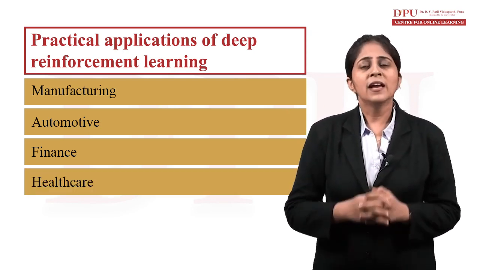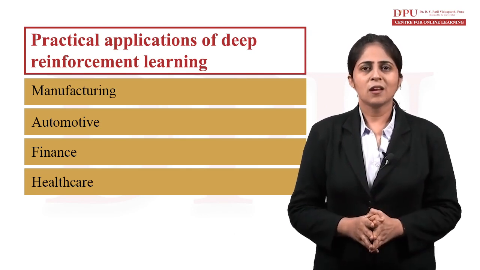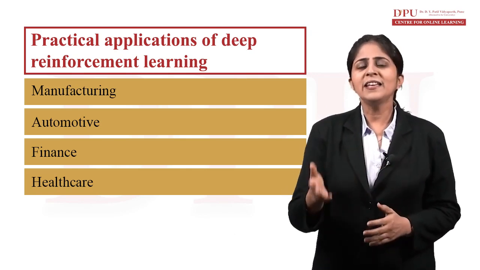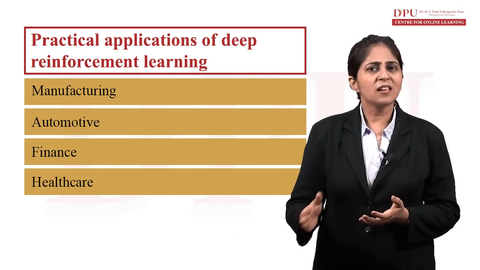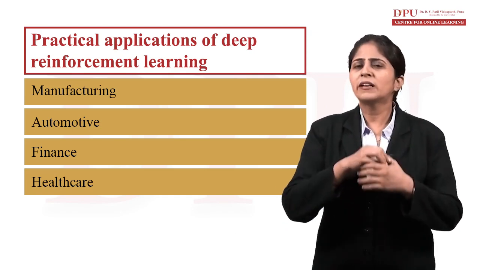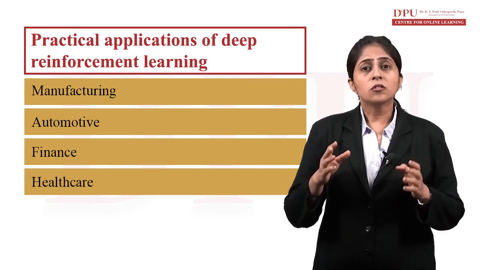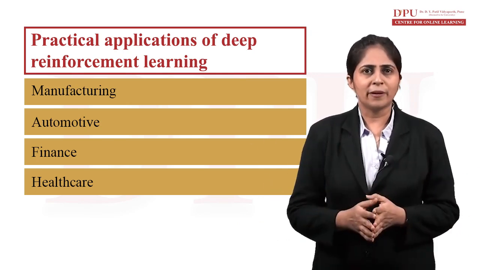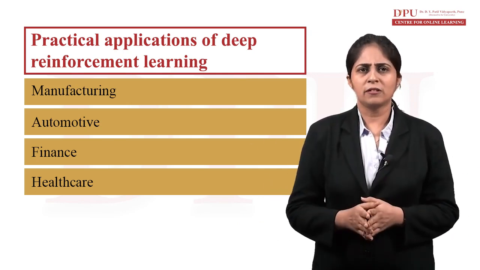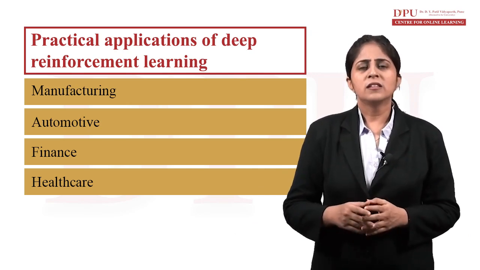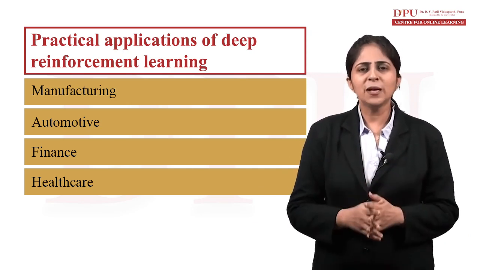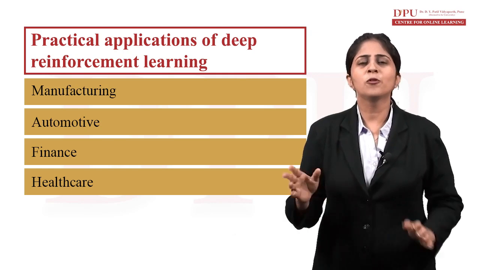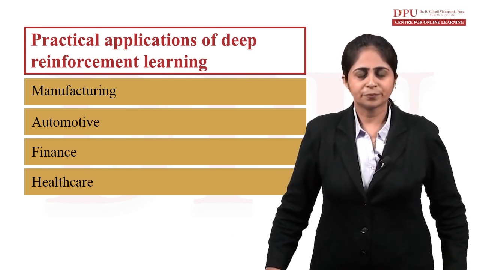The fourth one, healthcare industry. From determining the optimal treatment plans and diagnosis to clinical tasks, new drug development, automatic treatment, there's great potential for deep reinforcement learning to improve the healthcare industry.